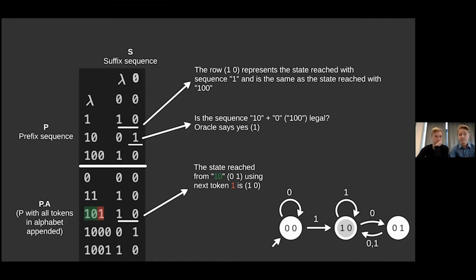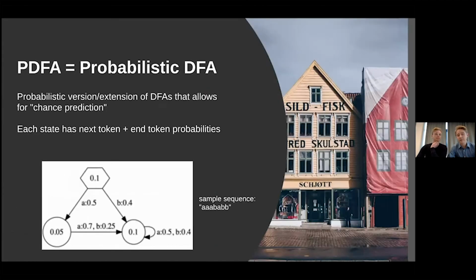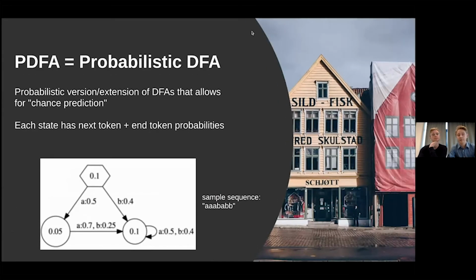And so from this, we needed to find a probabilistic extension because we wanted to find the probabilities of certain events. And so PDFA, or probabilistic DFA, is more or less an extension that allows for chance prediction. So based on what current state you're at, we can look at this initial state here.